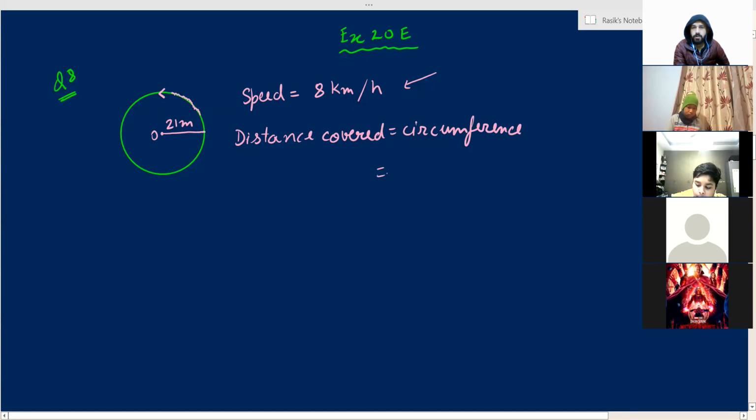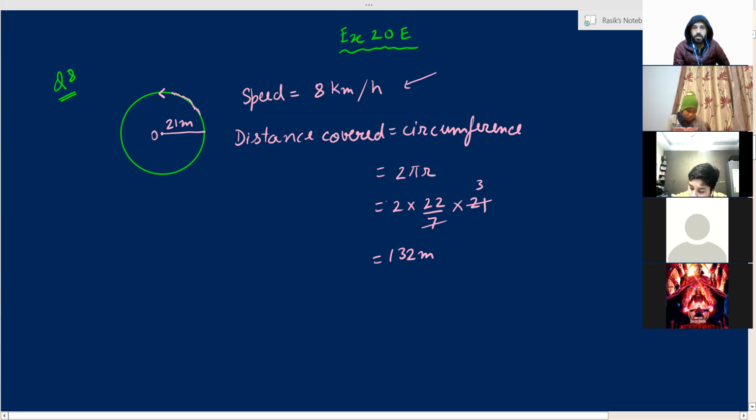And what is the formula of circumference? 2 pi r. 2 into 22 upon 7 into 21. So what do you get on multiplying? 132 meters. Okay, this is the distance that he has covered.